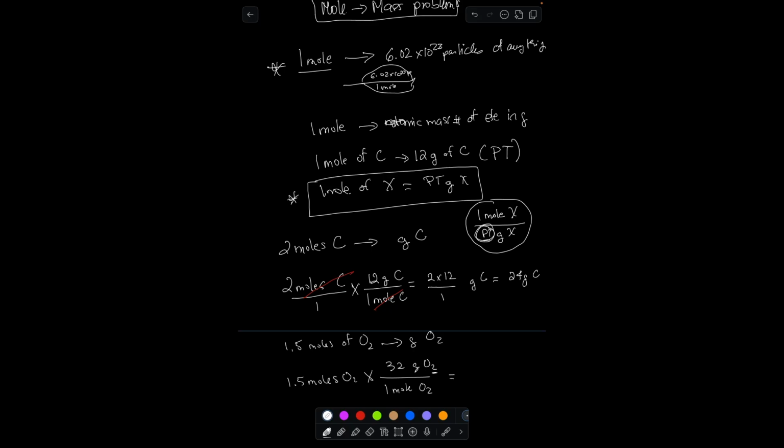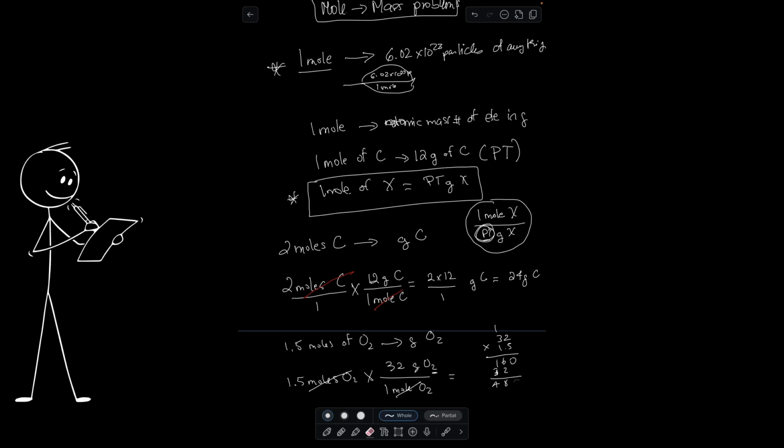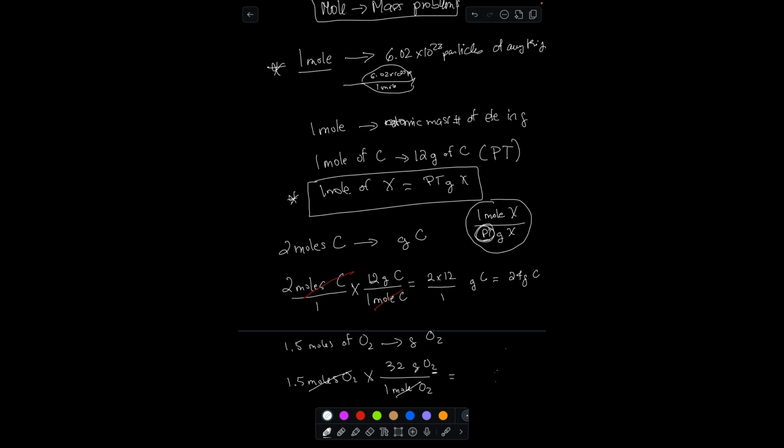So then we put that like this, and we just do 32 times 1.5, which is actually 48 grams of O2.